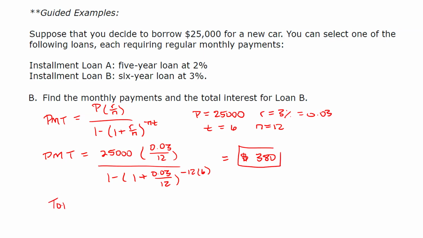So our total interest is going to be the total amount that we paid on the loan minus the loan amount. So the total amount that we paid would be $380. We pay every month for 6 years minus 25,000.